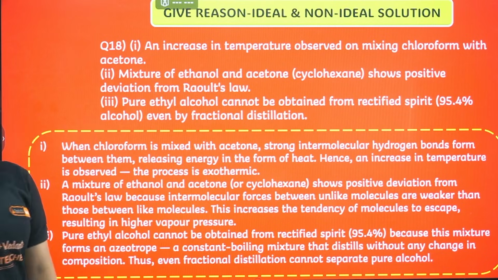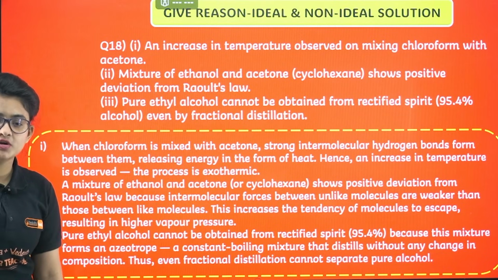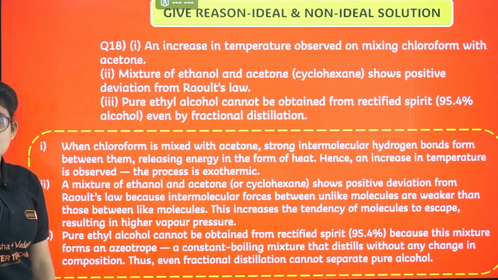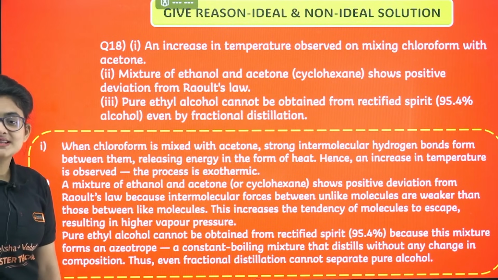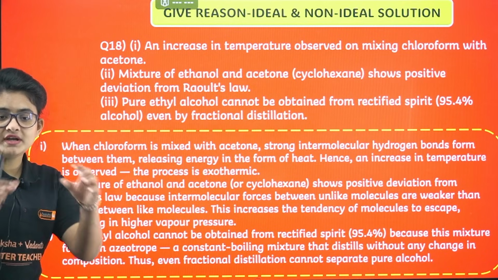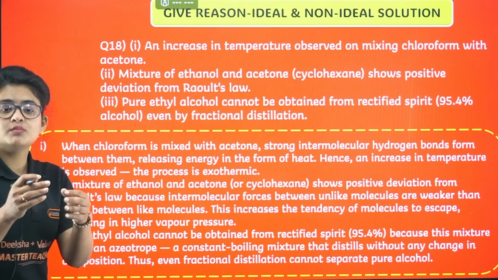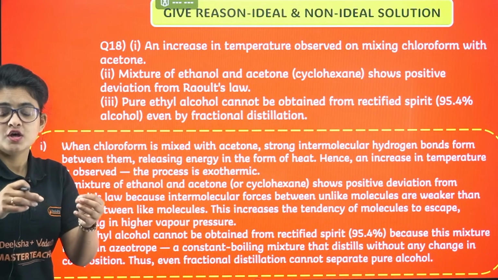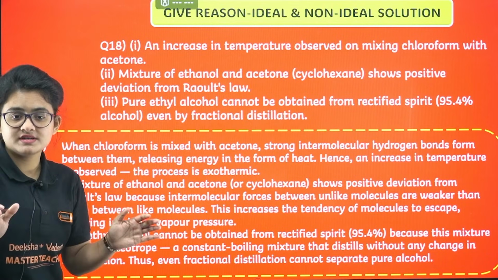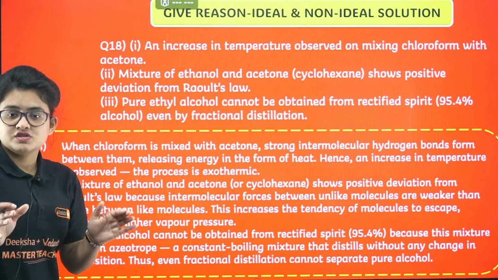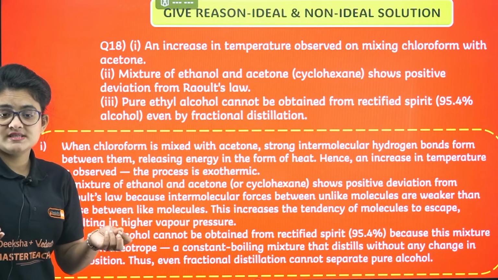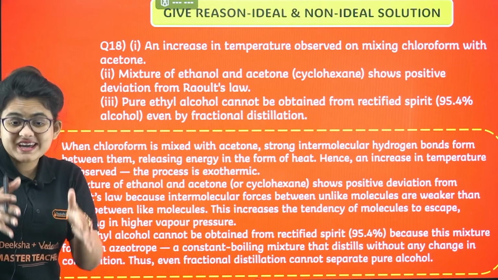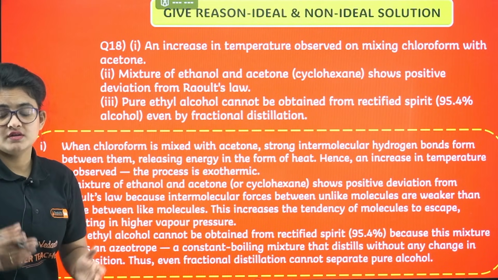Ethanol individually has intermolecular hydrogen bonding, and acetone has dipole-dipole interaction. Now you are mixing ethanol and acetone, so between two ethanol molecules where hydrogen bonding was taking place, acetone is coming in between. So hydrogen bonding will be completely disturbed. So the AB interaction, meaning ethanol and acetone interaction, is weak. That is nothing but the positive deviation.